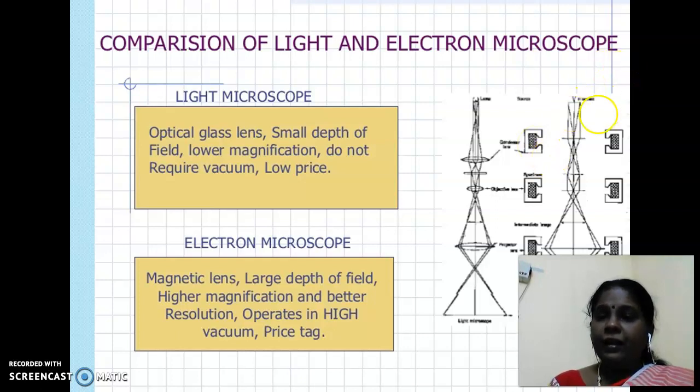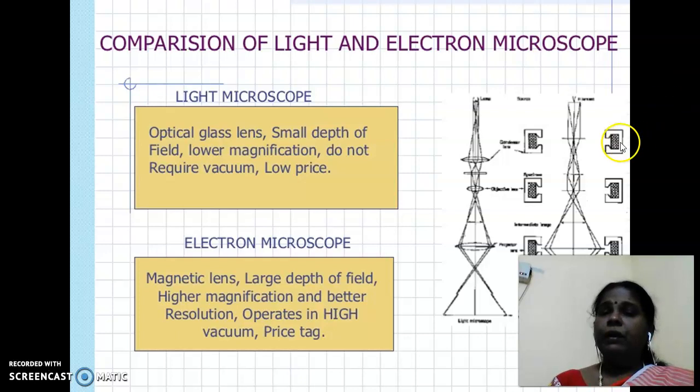And as high energetic electron beams are coming, its depth of field is large, and the magnification can be controlled and made higher by applying high accelerating potential to the electron gun. Also better resolution.